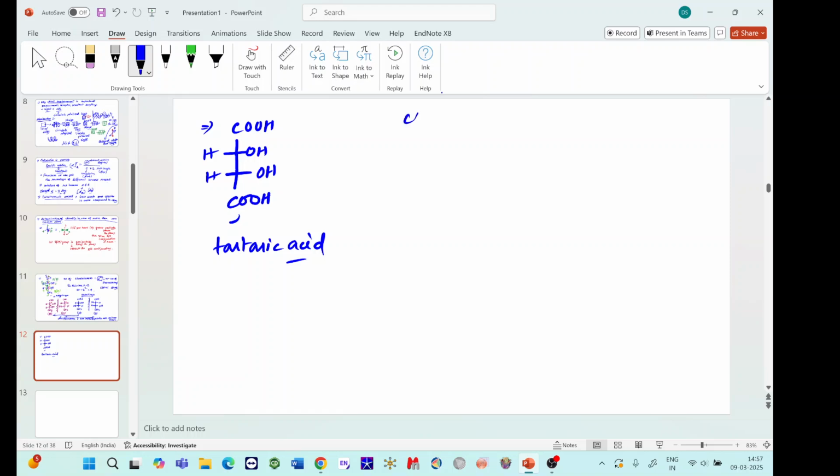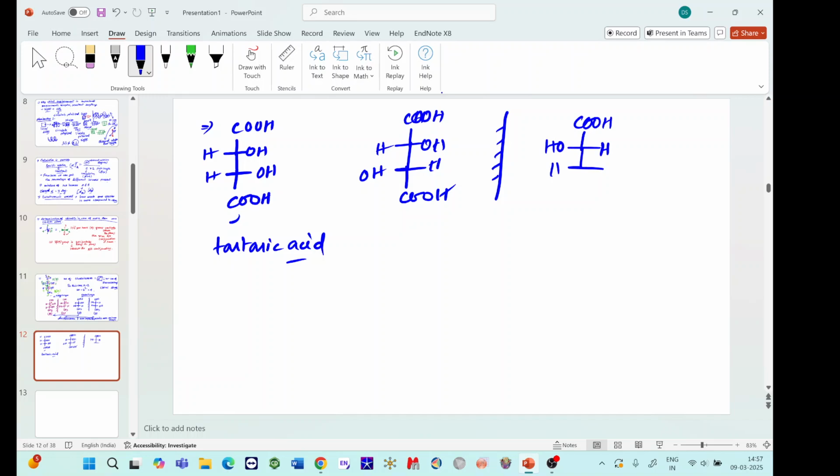It has two other configuration, H OH, H OH, COOH, and the mirror image, COOH, OH, OH, COOH. So one may be plus, one may be minus. So these are three isomers of tartaric acid.